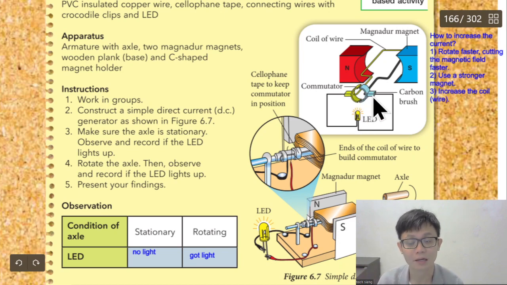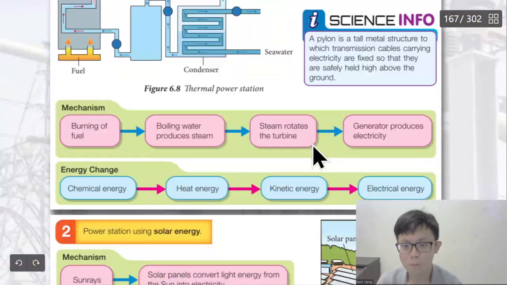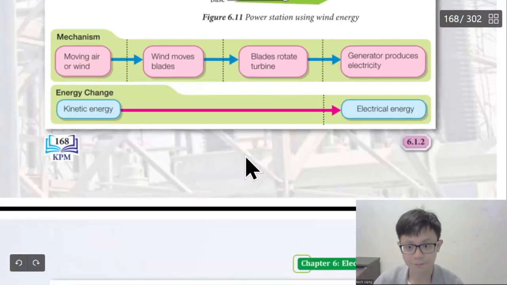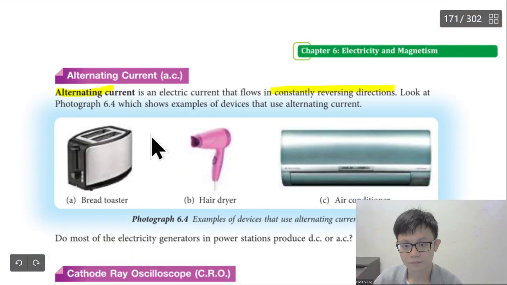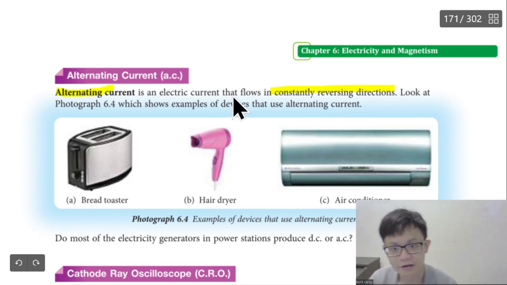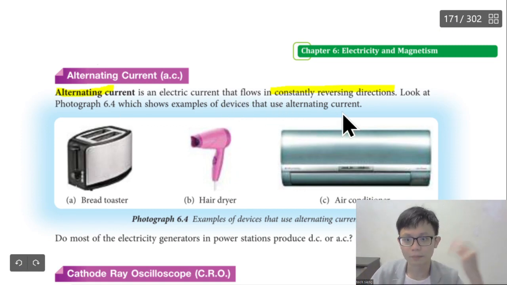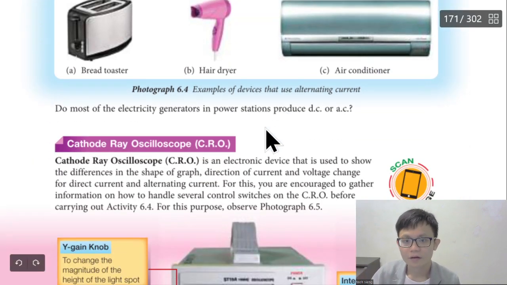It can become alternating current, so you can change it. Alternating current flows constantly reversing, going back. Okay, so you need to know this first. Our house uses alternating current.